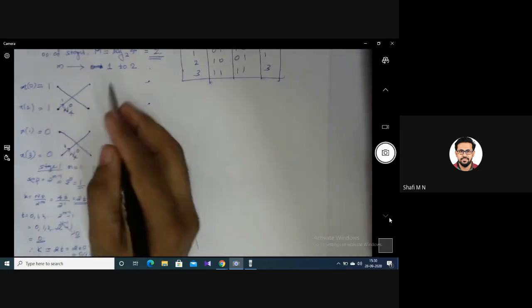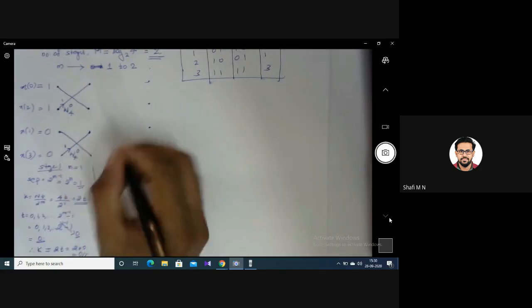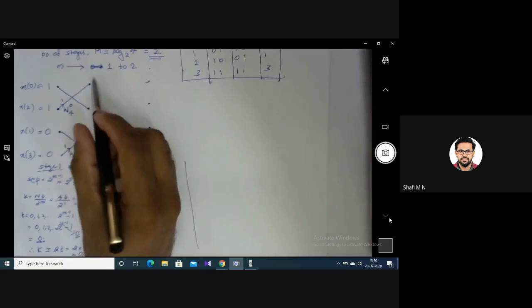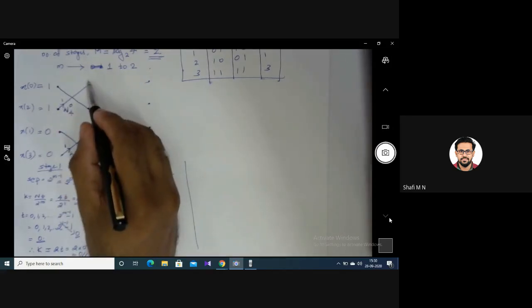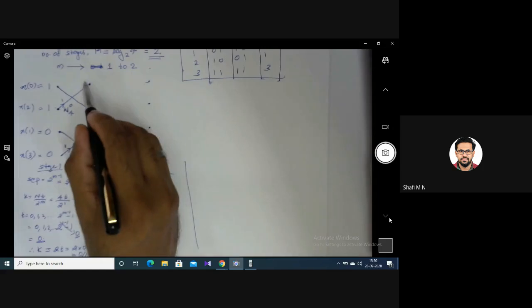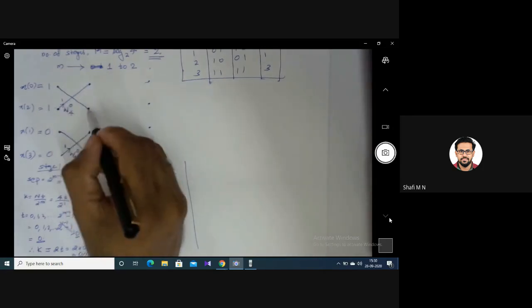Now let's find the output for the first stage. For the first stage, you will have 4 outputs, as we already discussed. For this butterfly, if A and B are the inputs, what is the output of the first stage? A plus B into W4K, right? And here it is A minus B into W4K.